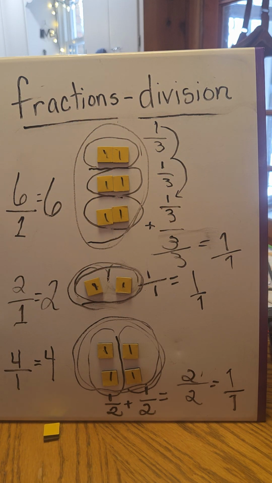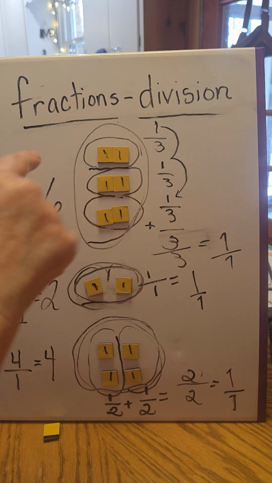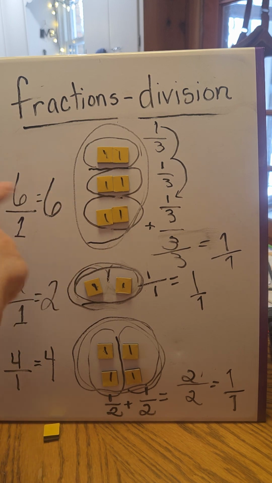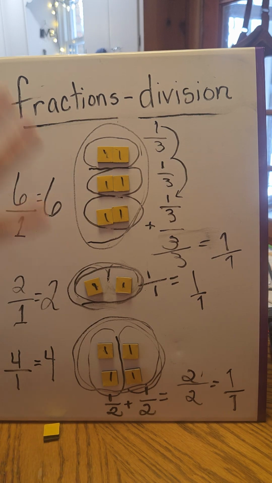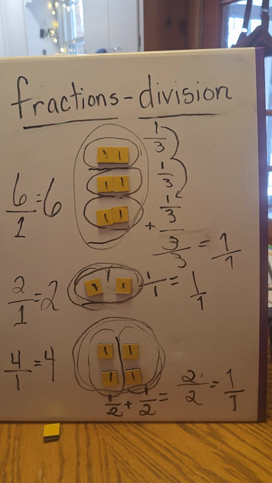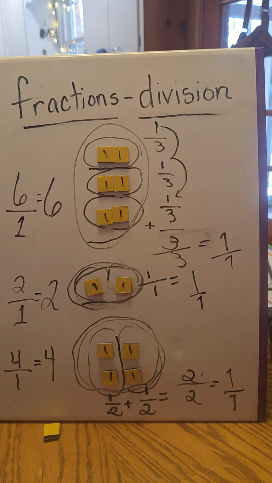So 6 units are in 1 whole. So I was looking at the whole number, 6, but then I started grouping them, and then counting my groups till I had them all 1 whole figured out. Wow, it's a lot going on there.